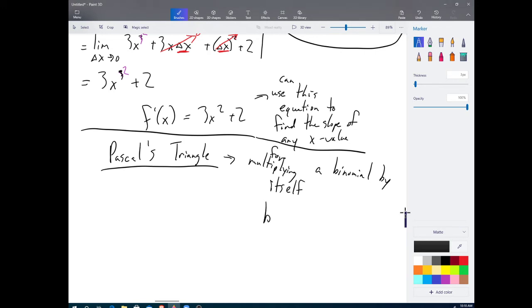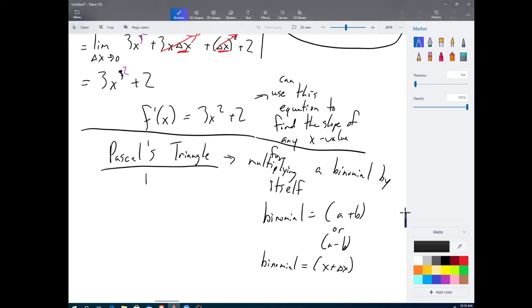And a binomial is just anything that's like a plus b or a minus b. So in this case, our binomial was x plus delta x. And that's going to be the same binomial you're going to use over and over and over again today.